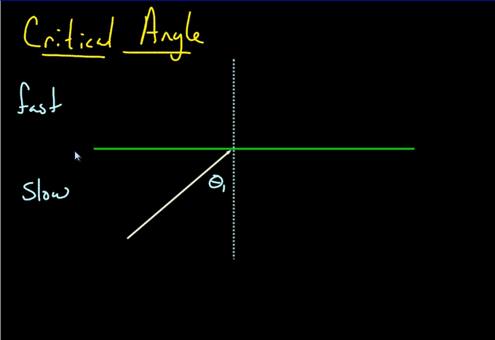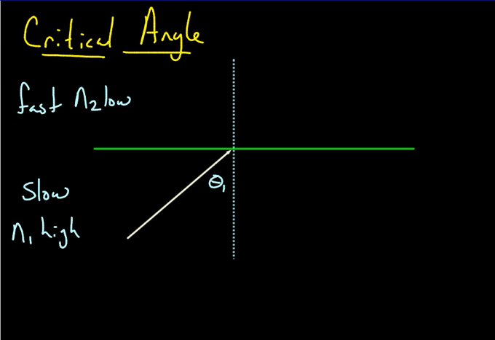If this is an optical medium, N1 would be high, right? The slower light travels, the higher the optical refractive index is, and N2 is low, okay? So low velocity into high velocity.